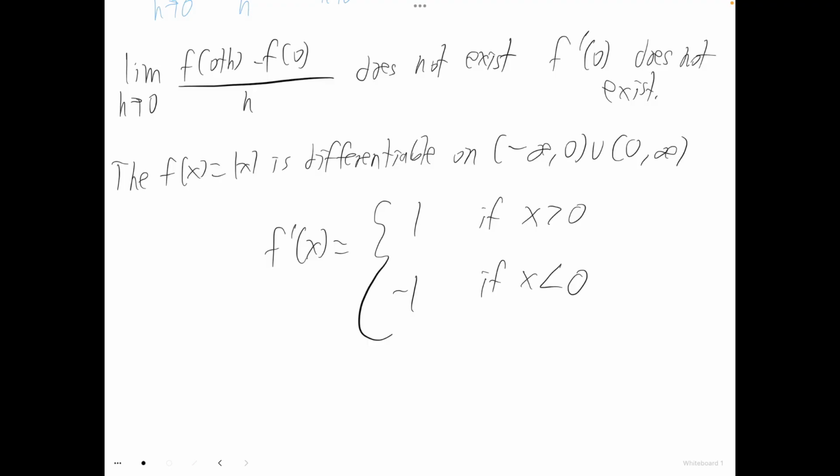And so that then is our derivative. We see that this point of 0 became a problem. And so we want to talk about what things we can look out for to tell us if we're going to be differentiable somewhere or not.